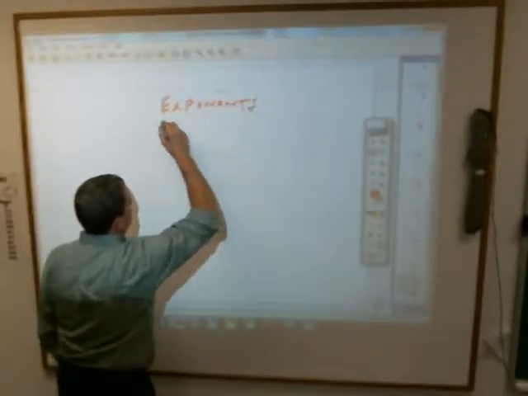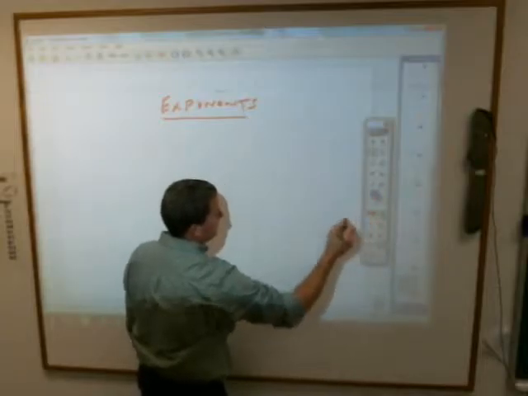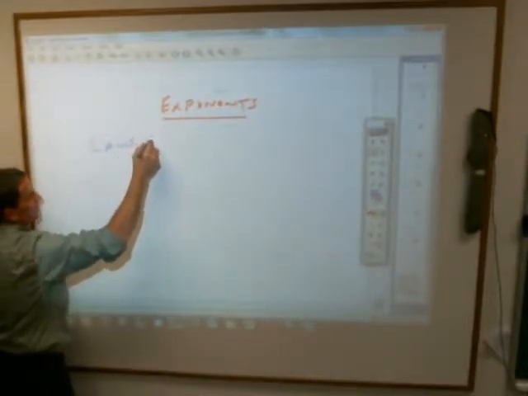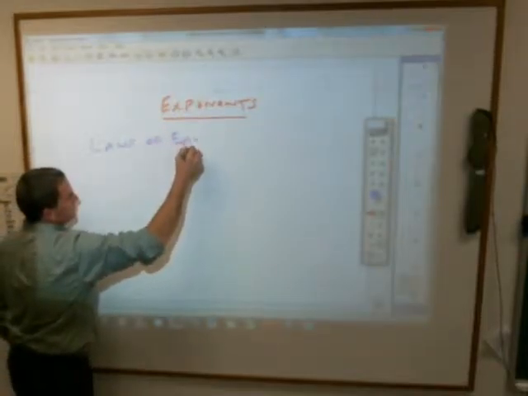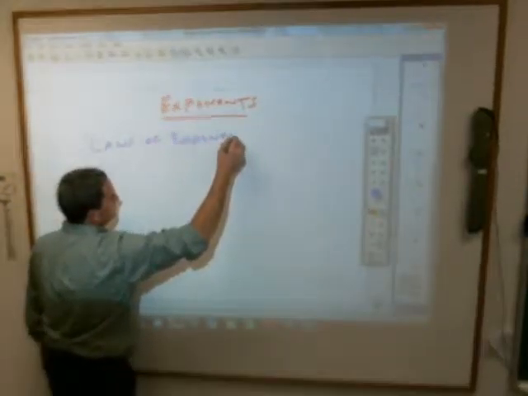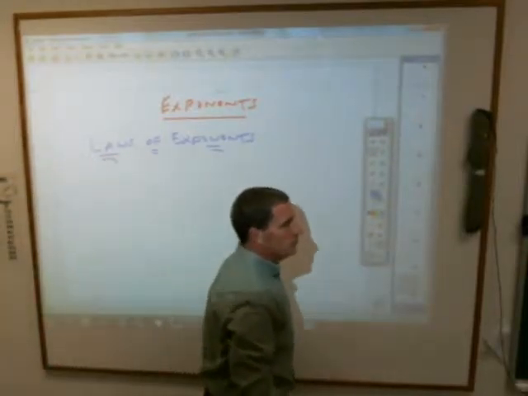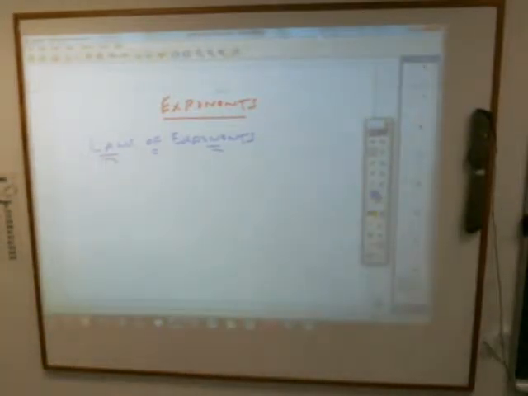If you would jot this down under exponents, the little subheading today is the laws of exponents. And these are not intuitive, which means what, Riley? If something's not intuitive, what does that mean? Anybody?